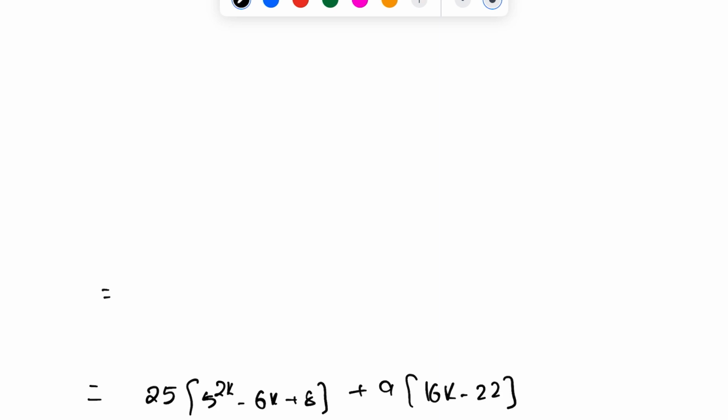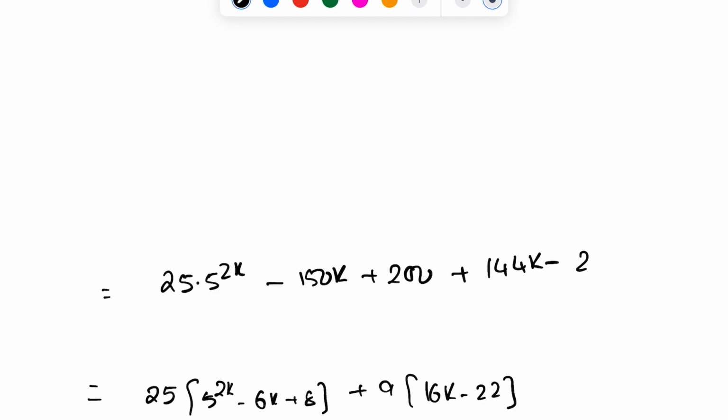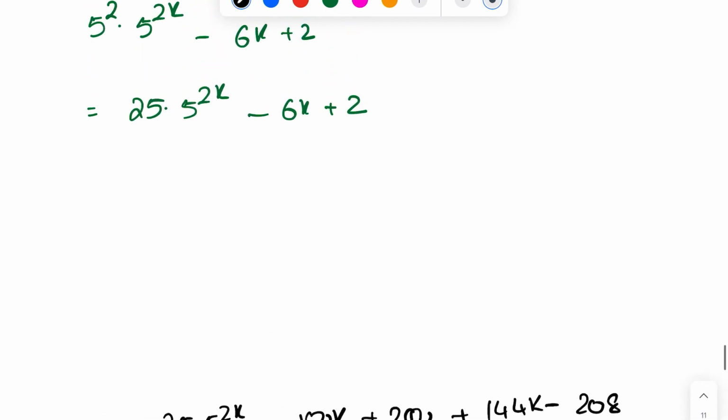So what does that become? 25 times 5 power 2k. Previous step would have been minus 150k plus 200 plus 144k minus 22 times 9, which is 198, not 208.